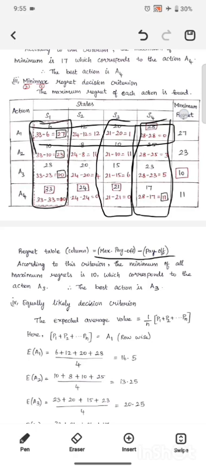So I have separated the maximum value of each row. From this I'm going to find my minimum value. The minimum value is 10. Why are we finding the maximum value first and the minimum value second? In the question it is given as minimax regret decision criteria. So first we have to find the maximum value of each row, and then we have to find the minimum value from the final column. So my best decision is A3.